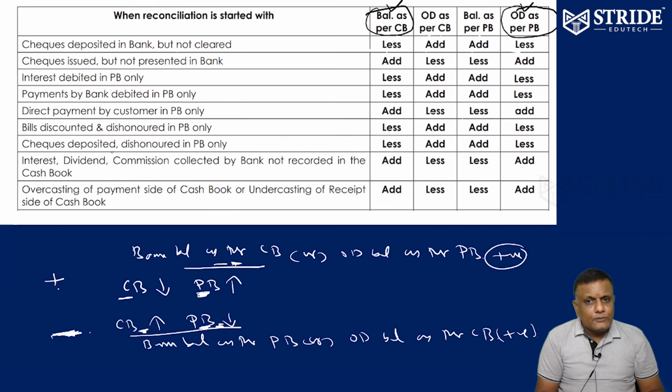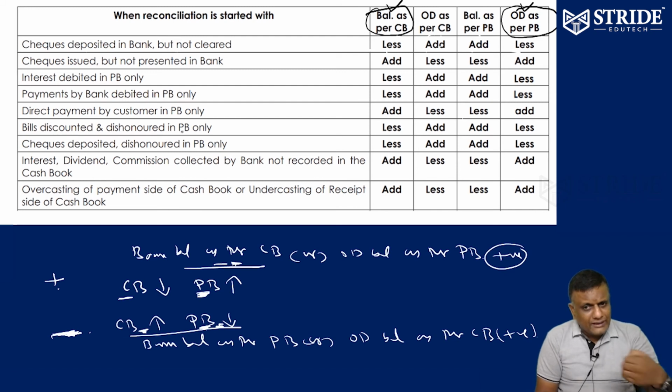Okay. Now bill discounted dishonored in the passbook only. So once it is dishonored, automatically the bank people take the money from your bank account. Suppose Nandini defaulted after 3 months. Imagine a customer, Nandini, has defaulted after 3 months.